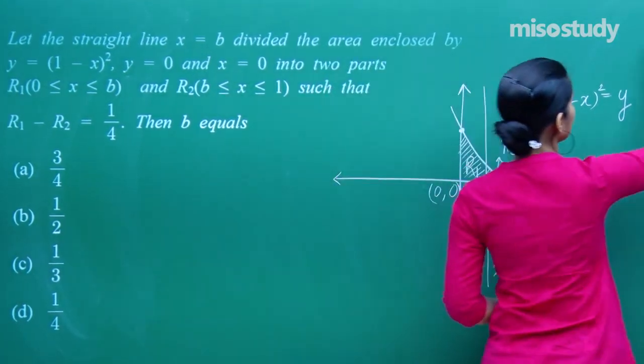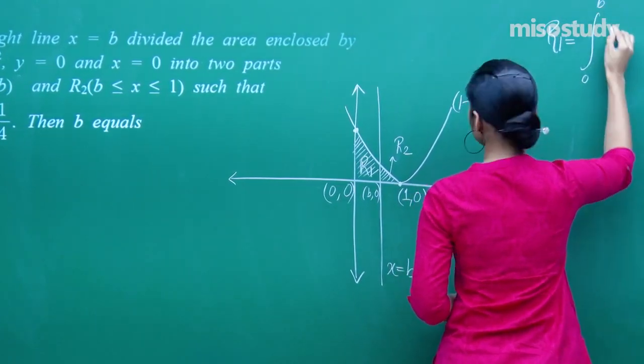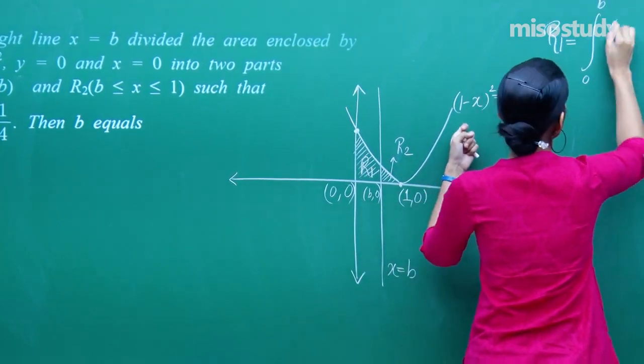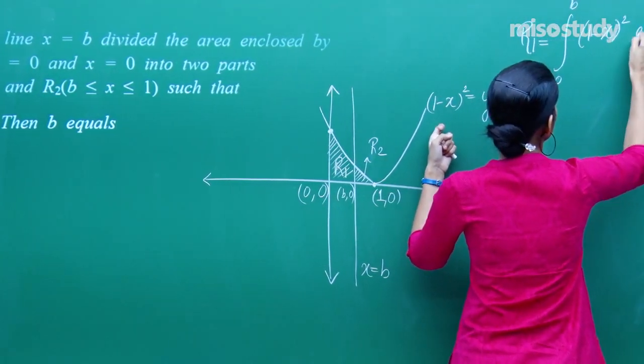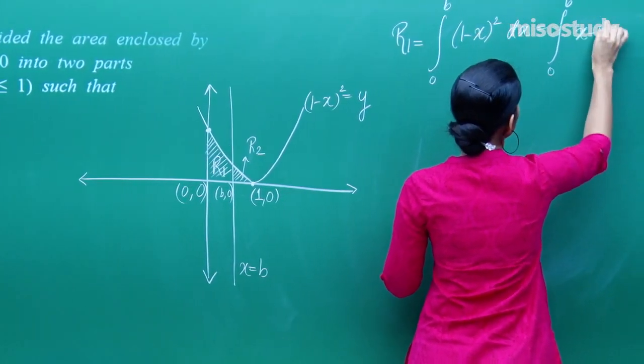So you are given what is R1. R1 is integral 0 to b of this curve, 1 minus x whole square dx. Or you can write it as integral 0 to b of x minus 1 whole square.